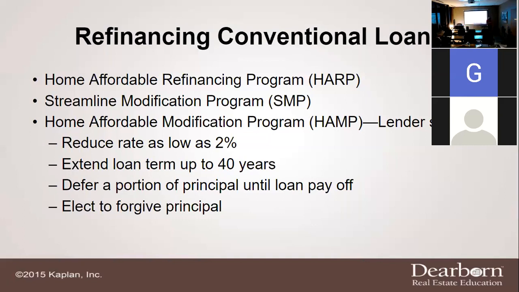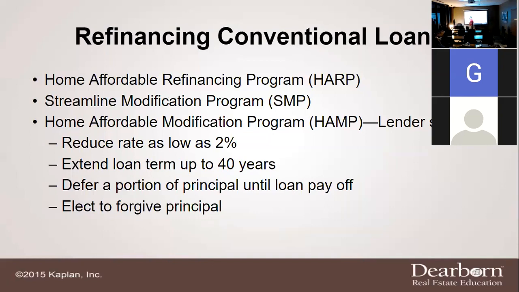Oh, no. Right? So in that situation, yes, there are these different benefits. But again, when coming into refinancing, there are these options that are shown on the screen. You do have your Home Affordable Refinance Program. You do have your streamlined modification program. That's basically utilized if a person is unable to pay.